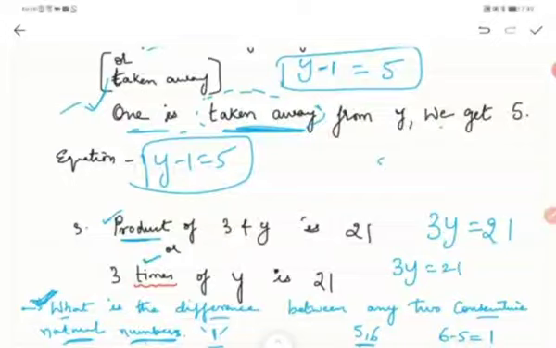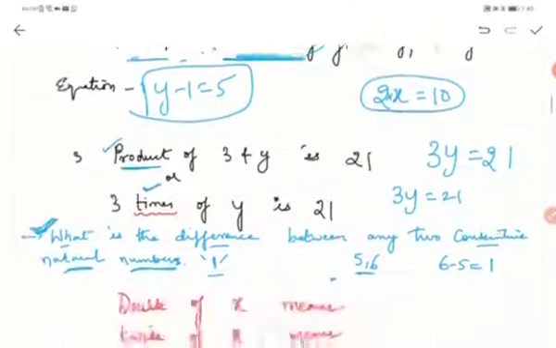If I say 2 times of x is 10, that is 2 multiplied by x is 10. So you need to remember these, don't get confused. Statements you need to read properly and convert into equations.